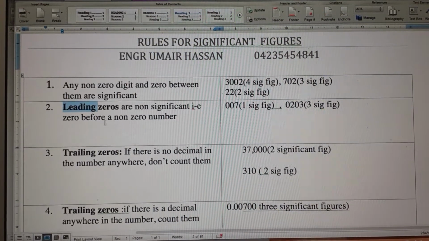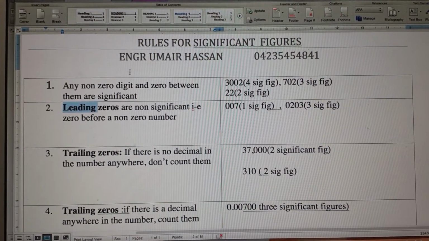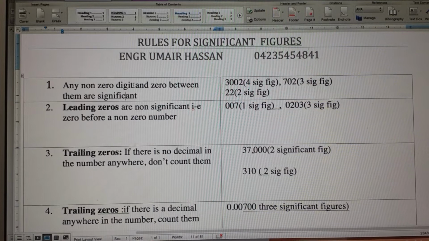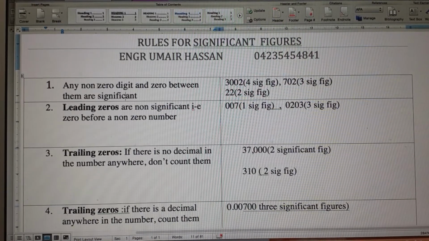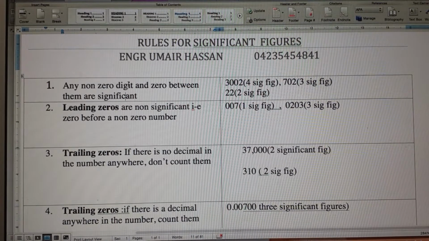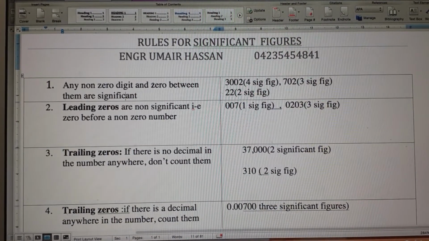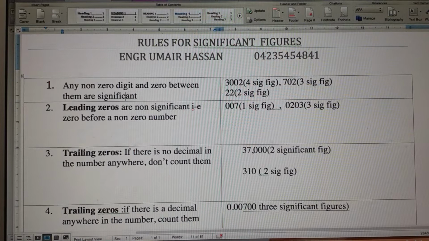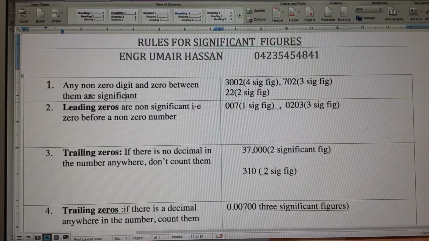Rules for significant figures. In this lesson, we are going to study the basic rules for deciding significant figures. Rule number one: any non-zero digit and zeros between them are significant.